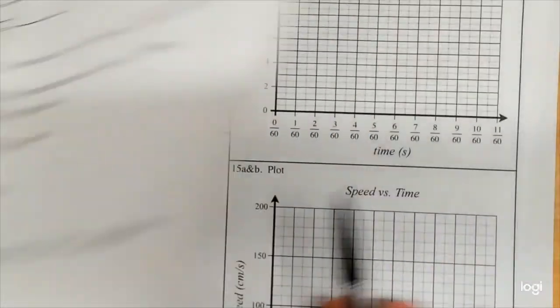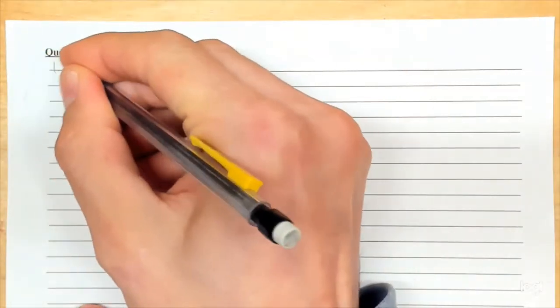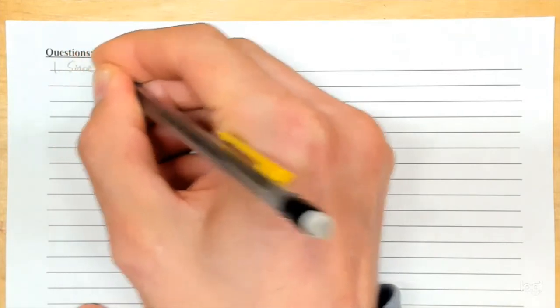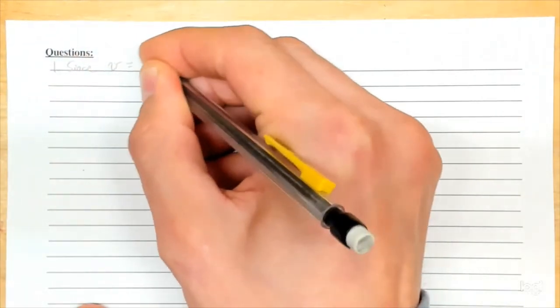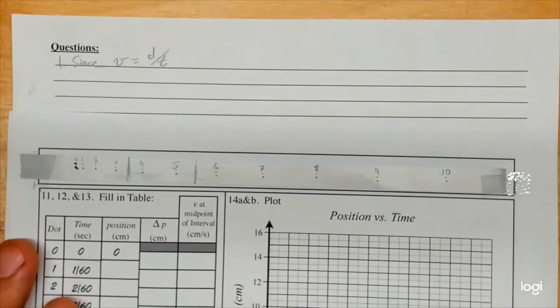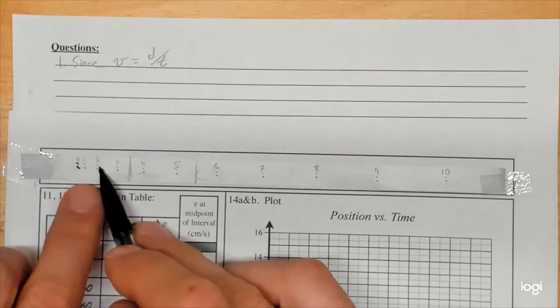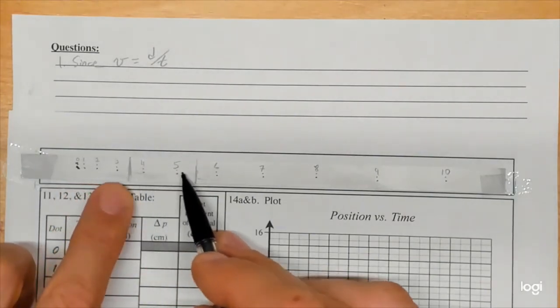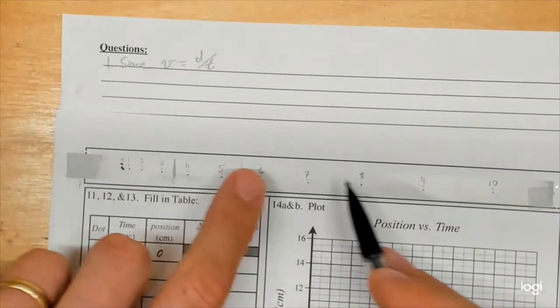So just like in Spark Lab 1, when you answer this question, you have to start with since v equals d over t. And then what you're going to do is talk about how the distance changes from one spark mark to the next as you go on with time.